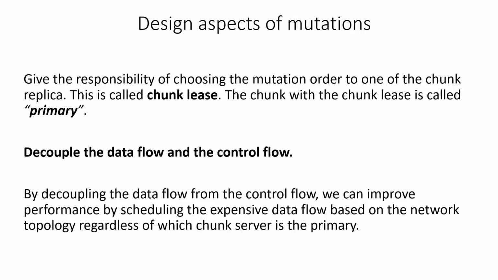The advantage of this is we can schedule the data flow on the network topology in a way that is least expensive, regardless of which chunk server is designated as the primary at the particular moment. So we do not have to worry about the primary, and we just use the most inexpensive path to pass the data.